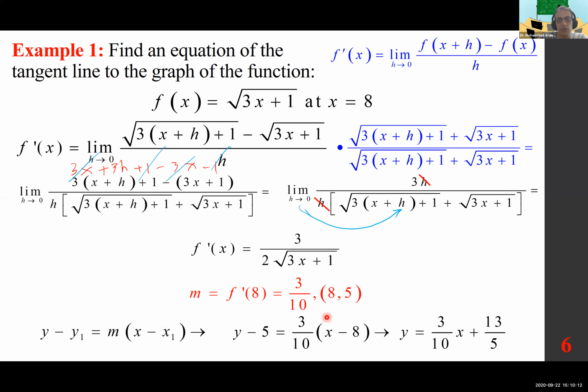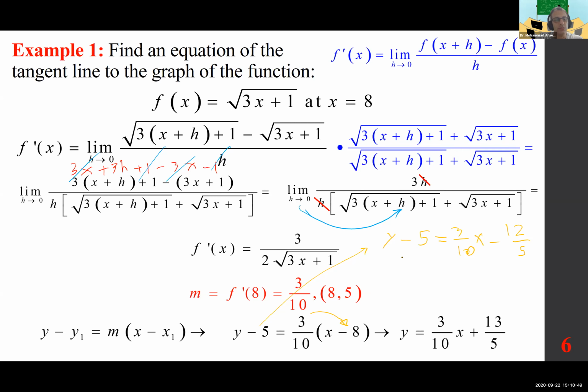Now, from here to here, I hope you don't have any problem. I'll quickly give you a hint, at least just to be on the safe side. Y minus 5 equals 3 over 10 times x. Now 3 over 10, when you multiply it by negative 8, you get negative 24 divided by 10, or negative 12 over 5.